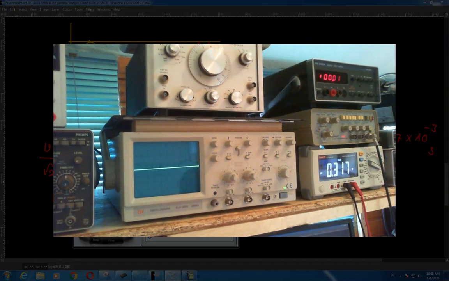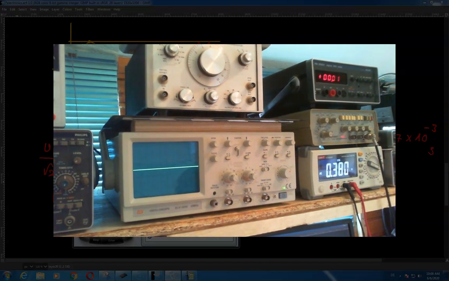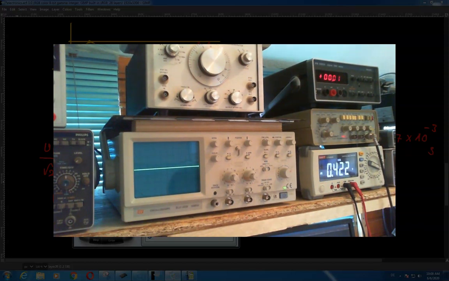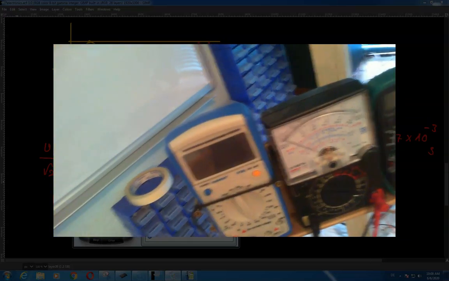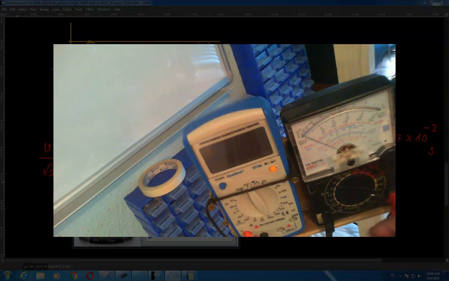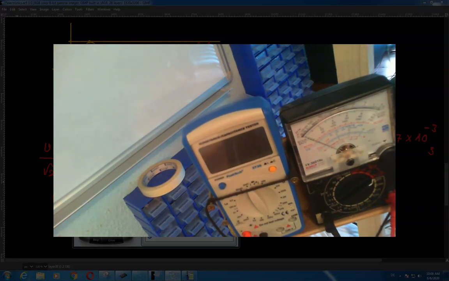Now, what happens is that, first of all, if I try to measure this voltage using an analog meter, I can set up the analog meter to AC and set it to 10 volts, and if I connect it over here, let's see what happens.